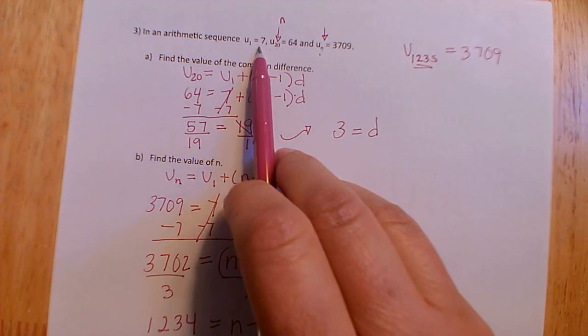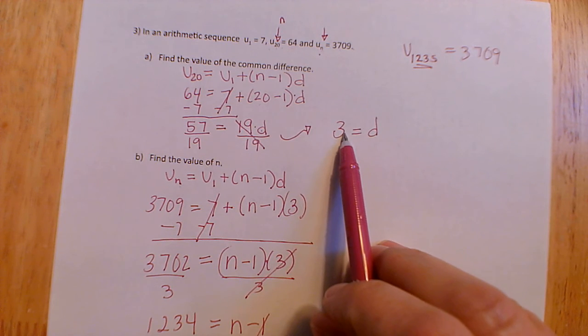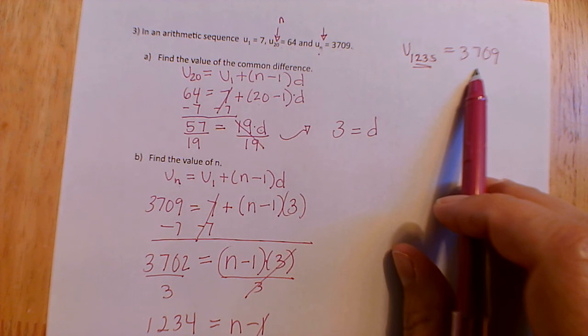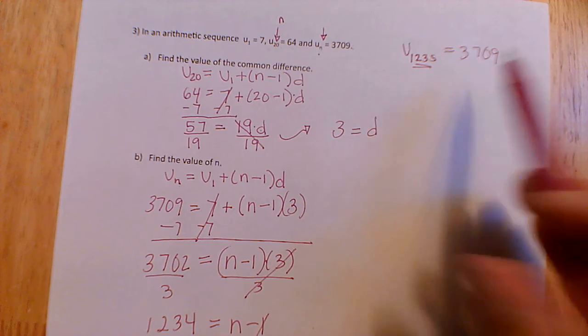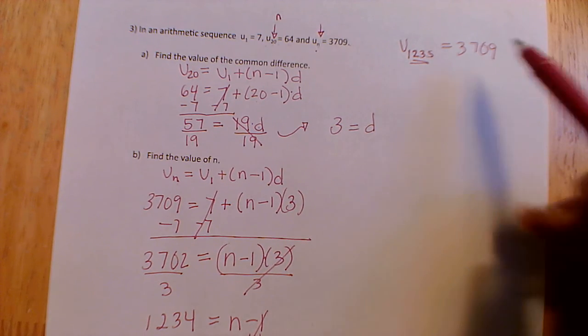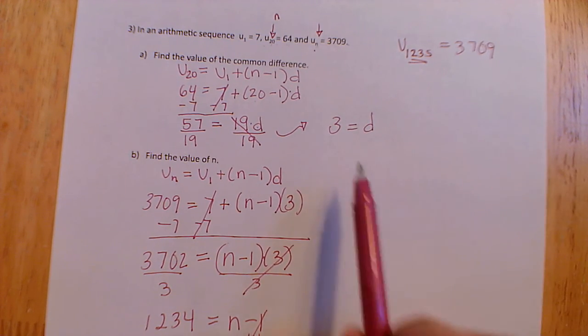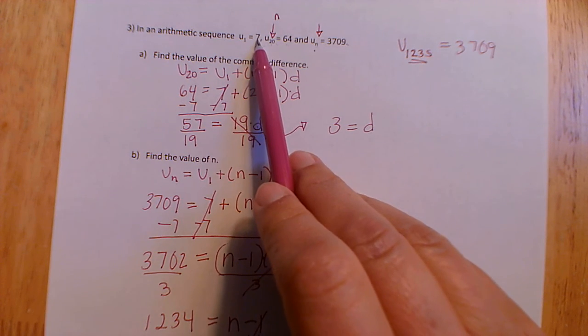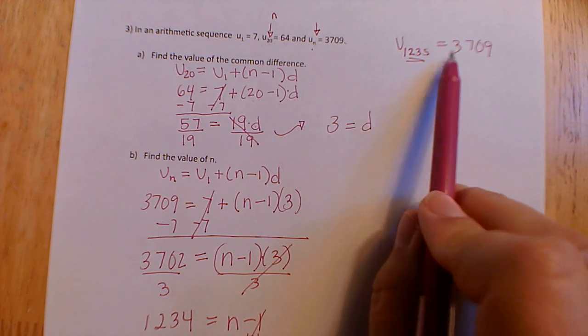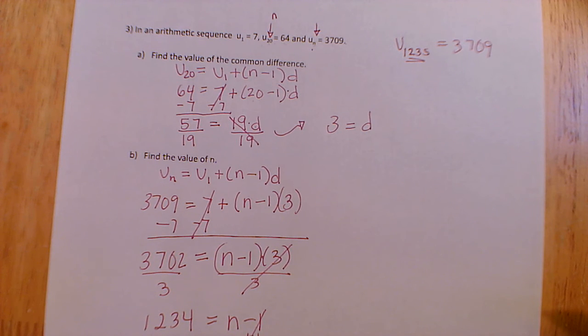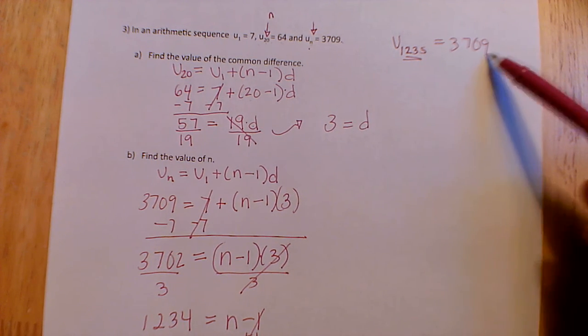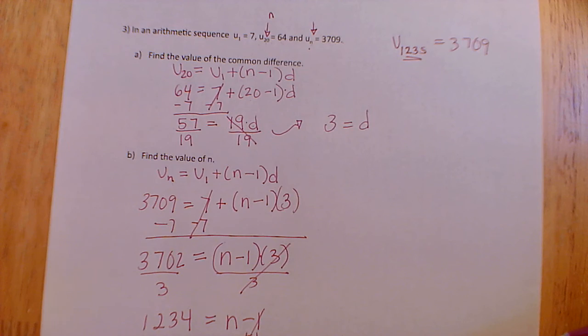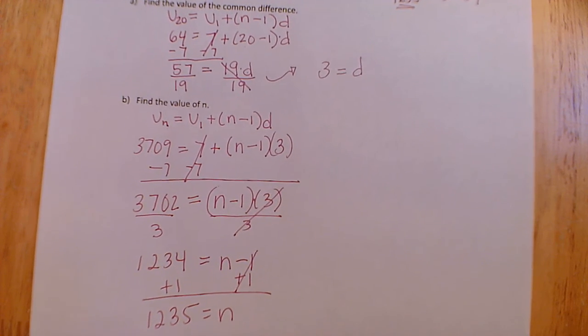If we start at 7 and we add 3 every time, it's going to take us a long time to get to 3,709. So this answer definitely makes sense, because our common difference is so small and we're starting at such a small number. So it's going to take us a while. Being at the 1,235th spot would land us at 3,709. That does seem absolutely reasonable.